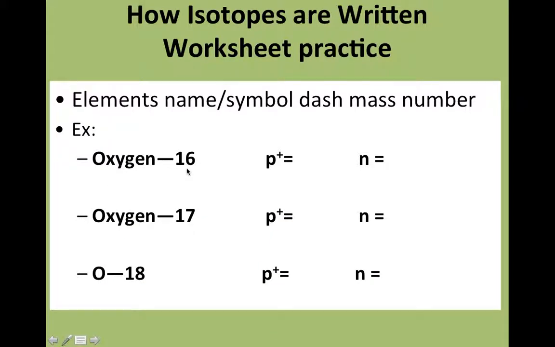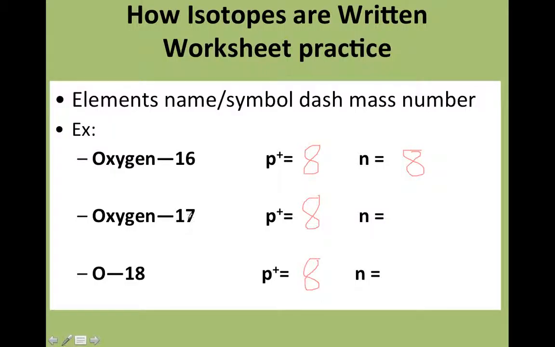So when we look at this one with oxygen, your number of protons, oxygen has 8, so I'm going to write 8 all the way down. And so the variation, when I look at this one, oxygen 16, that's your mass, so you're going to take 16 minus 8, and you get 8 neutrons.